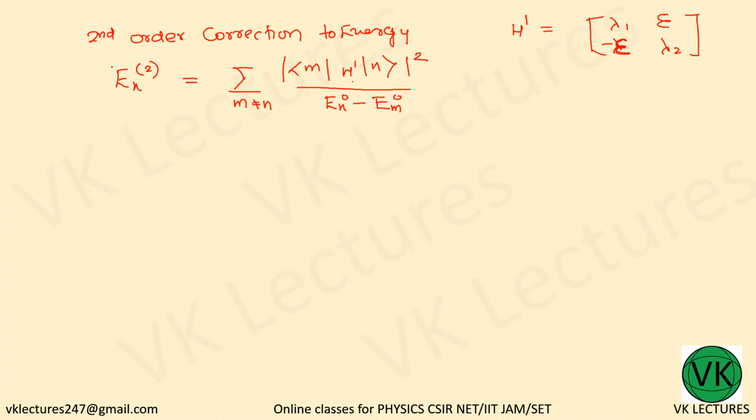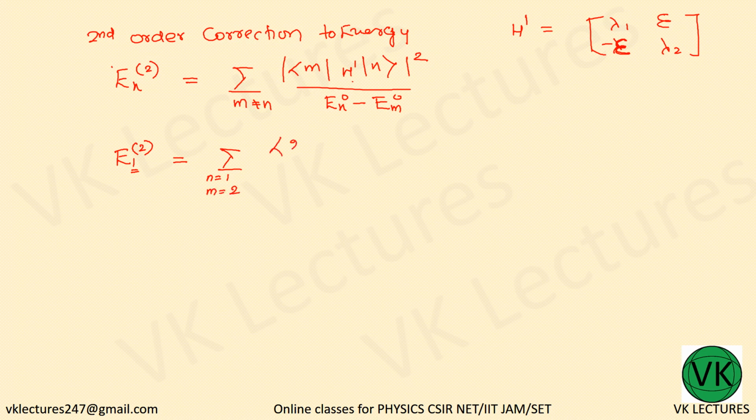Let us find E1 of 2, the second order correction to the first state. That's equal to the sum over m not equal to n. When n equals 1, m should be equal to 2.